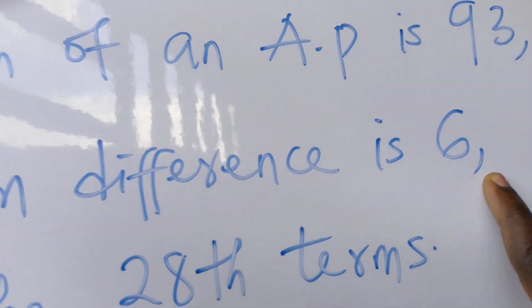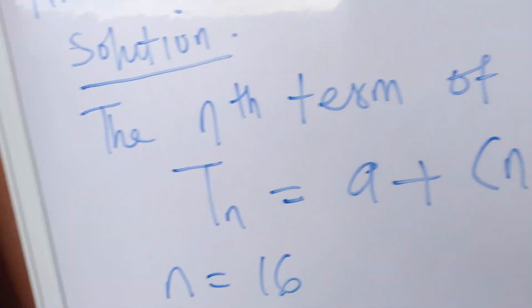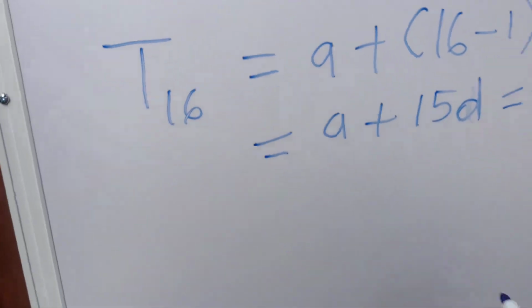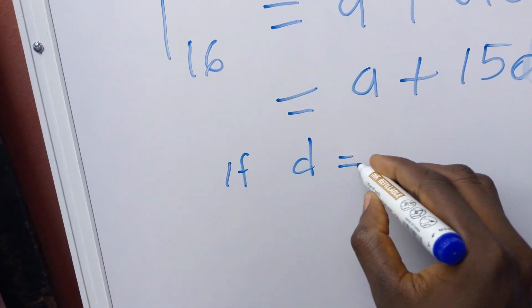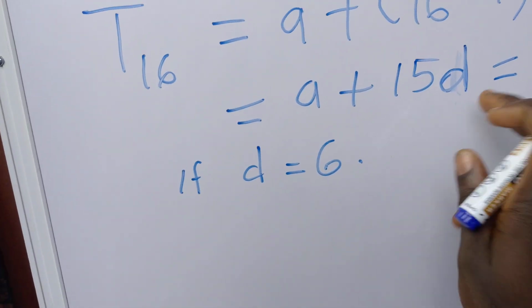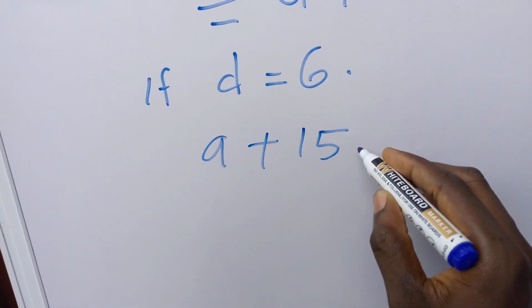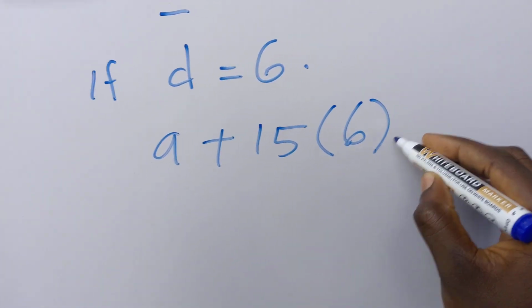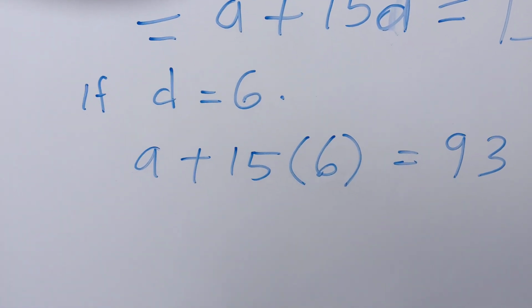The common difference is 6. So if d is equal to 6, you come here, you're having a plus 15 times 6 equal to 93.